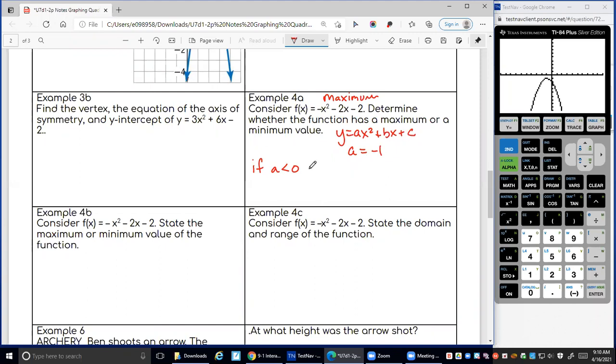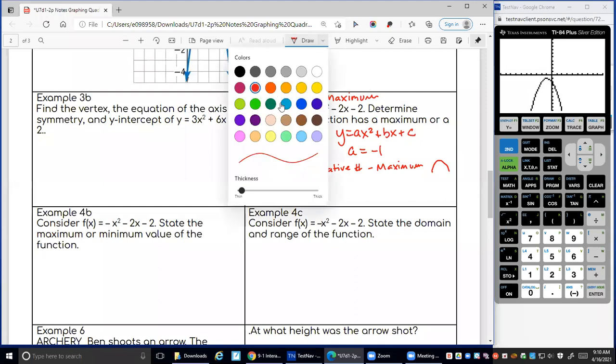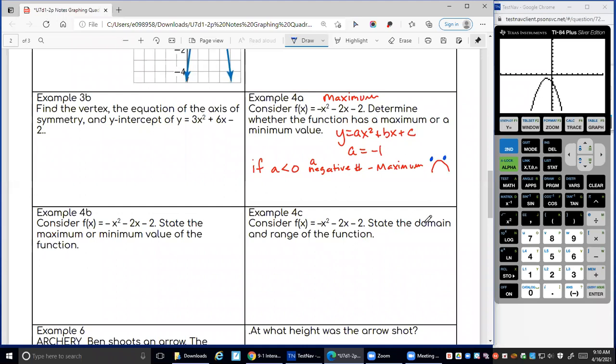So essentially a negative number, if a would be a negative number, and we're looking at a maximum because it's going to look like this. And to be honest with you, I think of it as if you have a negative value, then you are sad. See, looks like a sad face. Yes. All right.